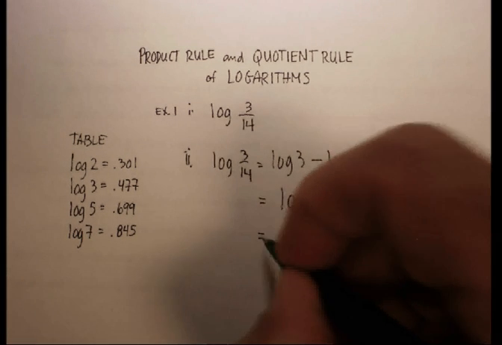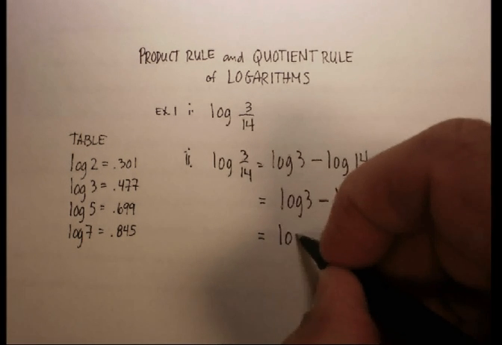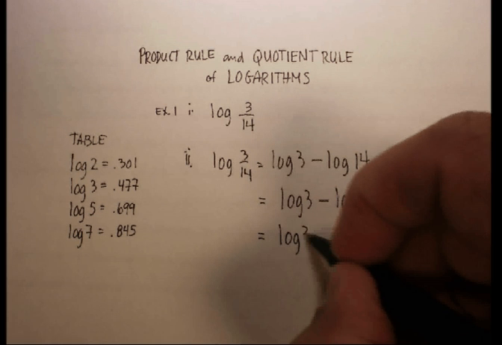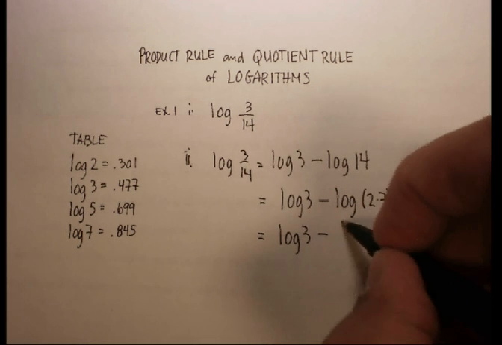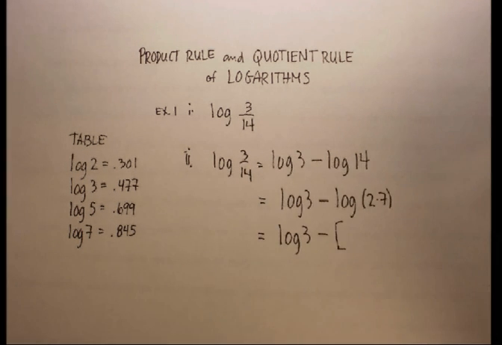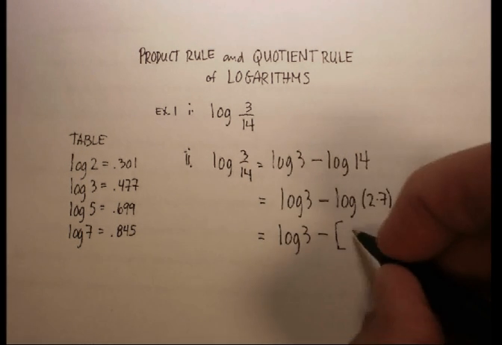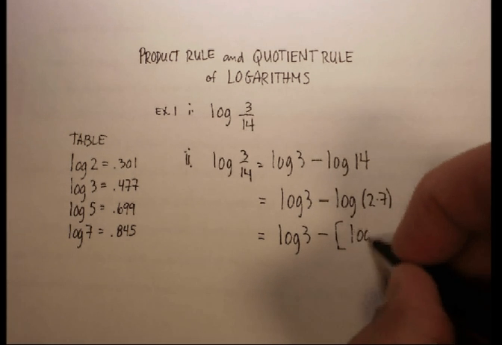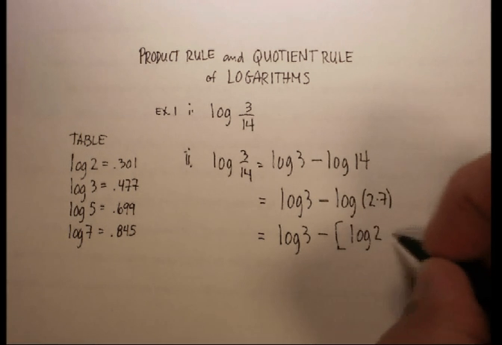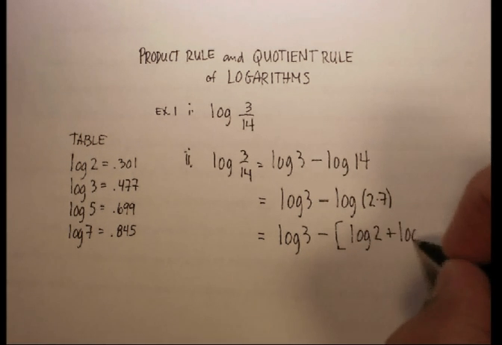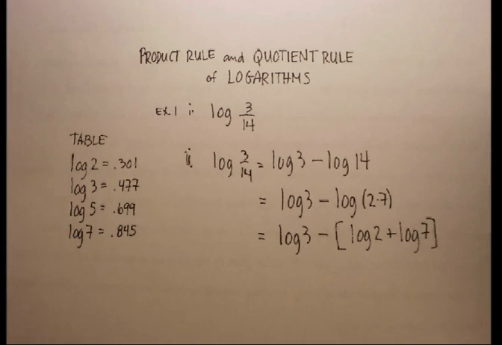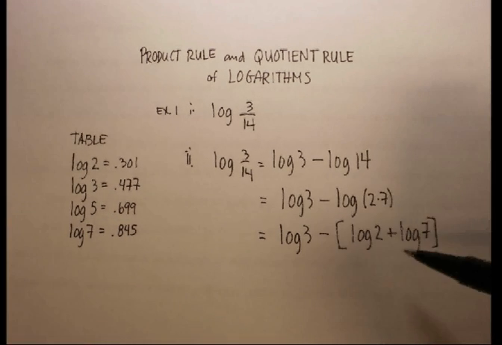So let me just do my next step. I'm going to say log base 10 of 3 minus, and I'm going to put this in a bracket because I want to keep this a little bit separate for right now. It's like saying log base 10 of 2 plus log base 10 of 7. Okay, and that makes sense again according to our product rule.